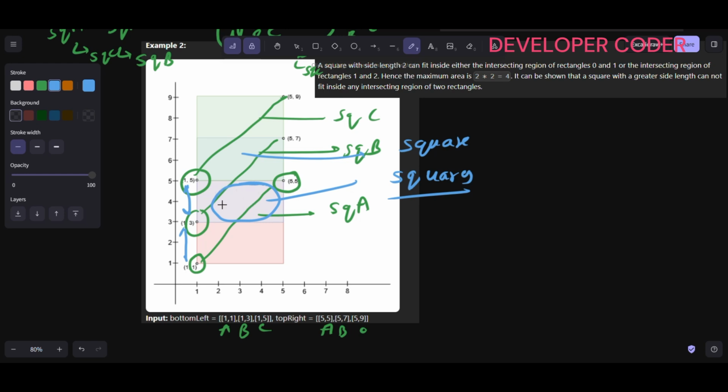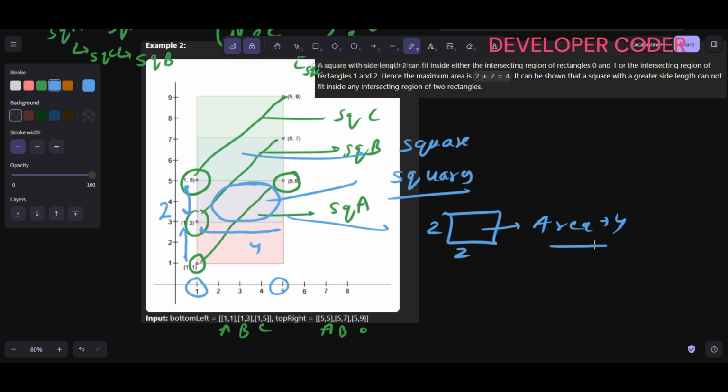And here the length, or you can say width, is 5 minus 3, which is 2. If you see the x coordinate 1 to 5, here it is 4. 2 and 4, definitely I have to pick the minimum among these, so 2 is the minimum. So a square of side 2 I can easily fit, and if I fit a square of side 2, then area is going to be 4.